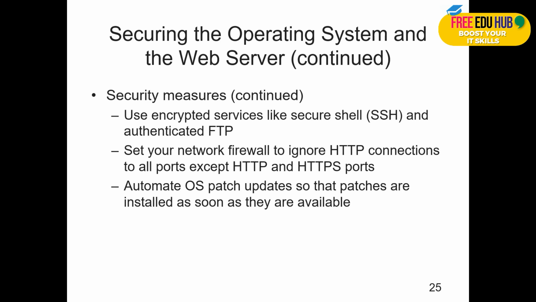Set your network firewalls to ignore HTTP connections to all ports except the HTTP and HTTPS ports, and automate the OS patch updates so that the patches are installed as soon as they are available. They are usually done by a Microsoft SCCM server or Microsoft Windows Server Update Services server, which is connected to Microsoft, and it downloads all the latest patches and updates, and then it keeps on patching the computers on the network.